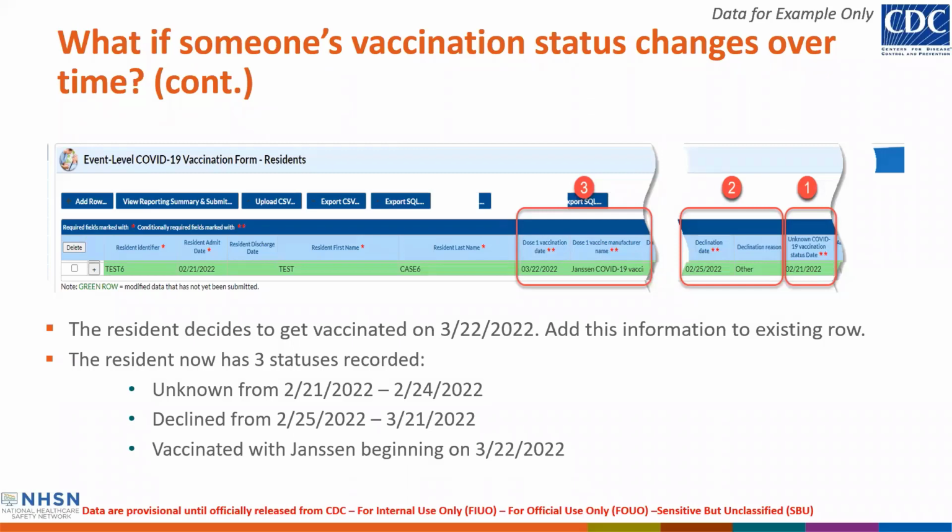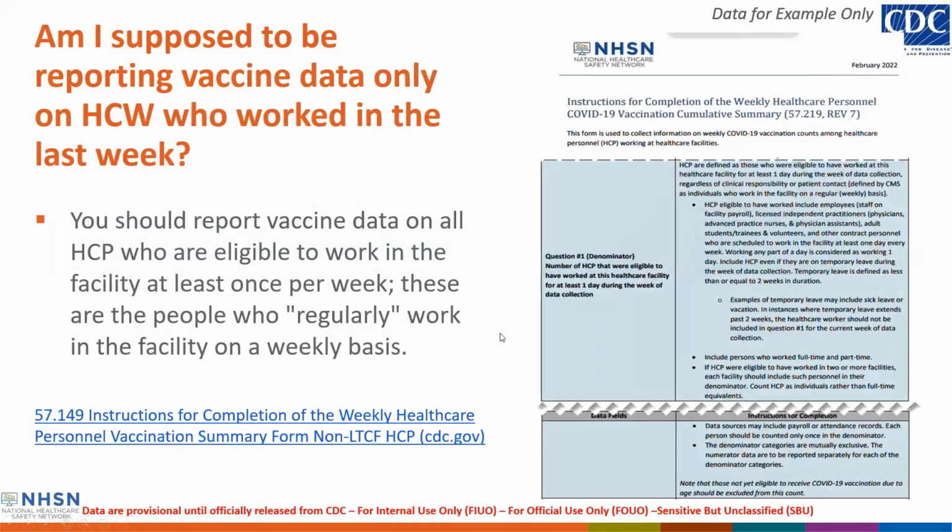Heather, am I supposed to be reporting vaccine data only on healthcare workers who worked in the last week or in a given reporting week? Yeah, so we should still follow all of the definitions in our tables of instructions for our COVID-19 vaccination cumulative weekly reporting.